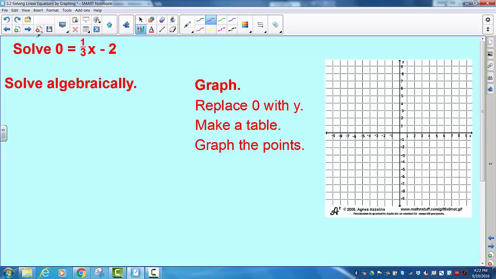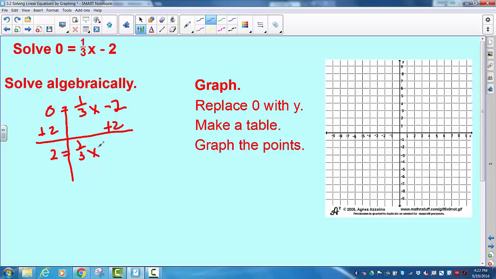So let's solve 0 equals 1/3 x minus 2. We're going to solve it in 2 different ways. The first way is algebraically. So what we'll do is we'll go 0 equals 1/3 x minus 2. Draw a line. Add 2 to both sides. Draw a line. 2 equals 1/3 x.